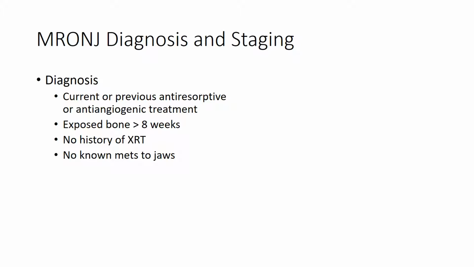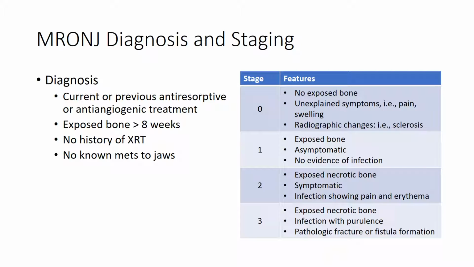The diagnosis of medication-related osteonecrosis is the following. The patient must have current or previous anti-resorptive or anti-angiogenic treatment. There must be exposed bone for greater than 8 weeks. There has to be no history of prior radiation and no known metastases to the jaws.